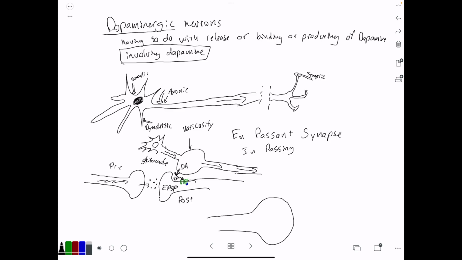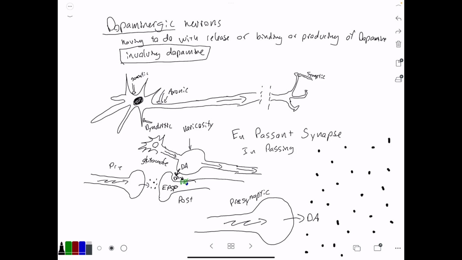And there's one more, fairly simple. Consider this axon terminal, and this is a dopaminergic neuron that releases in response to an action potential. What we have here in this presynaptic dopaminergic neuron is that it can release onto nothing. So dopamine just gets flooded into the extracellular space, free to diffuse and come in contact with whatever is around in the neighborhood.